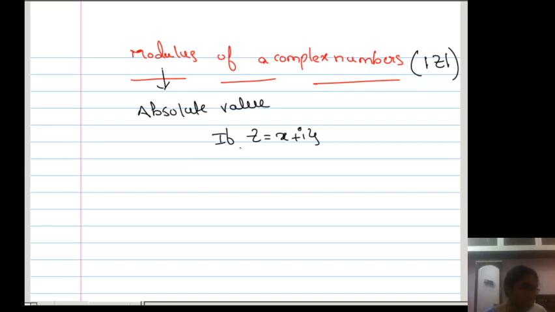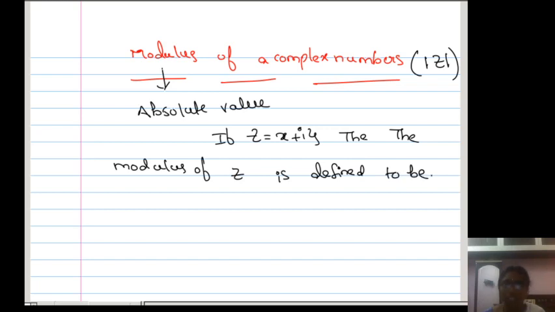So what is the definition? Write down here. If z is equal to x plus iy, then the modulus of z is defined to be the non-negative real number.